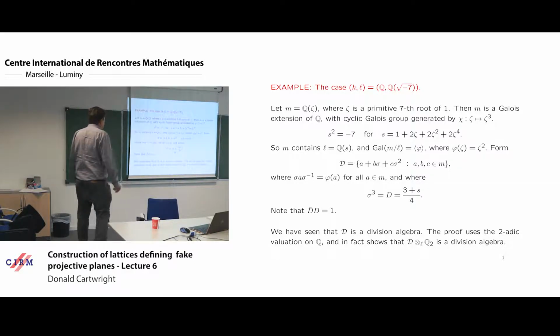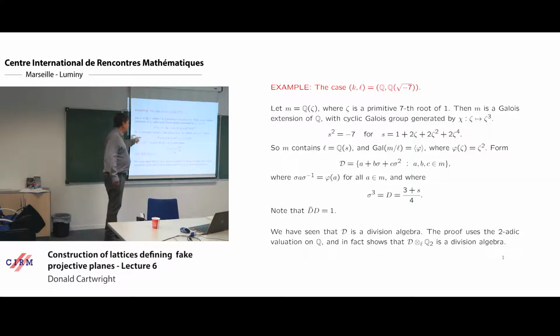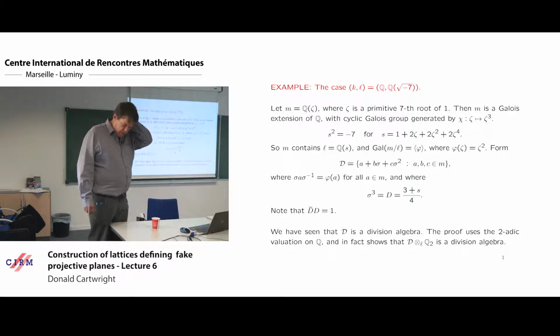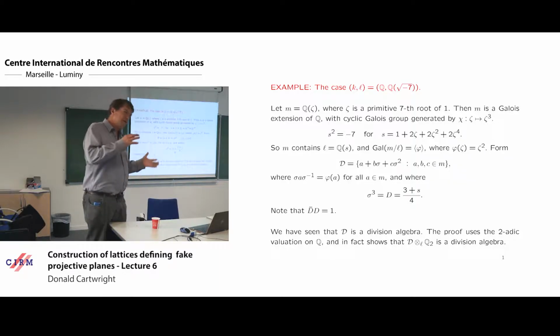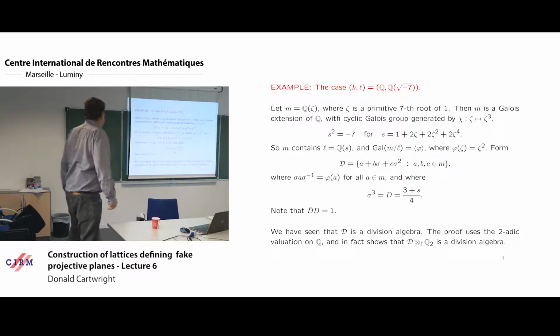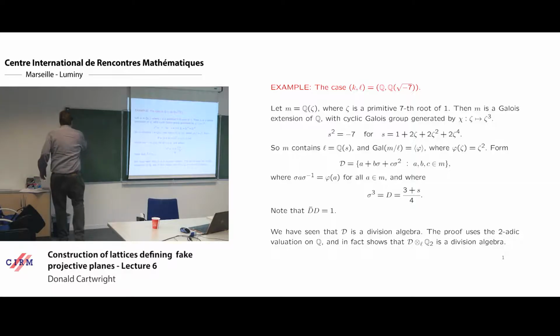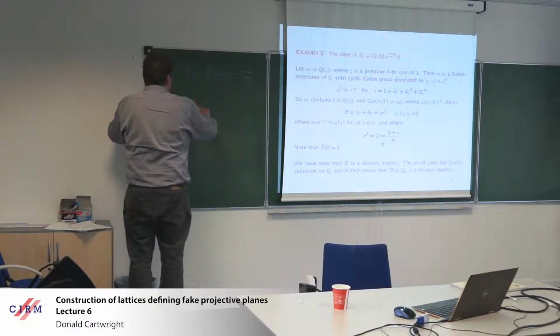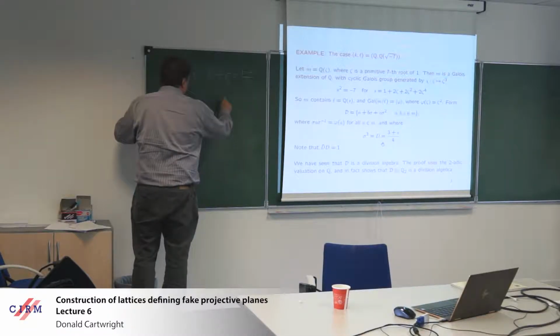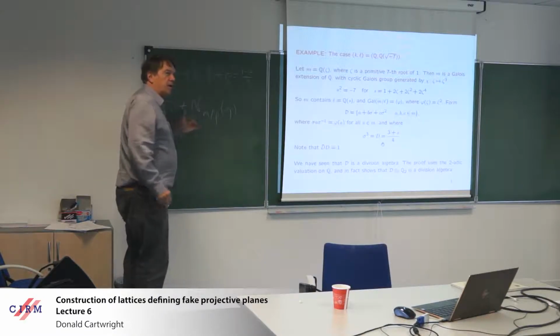To see it's a 9-dimensional simple algebra, it's either a matrix algebra or it's a division algebra. To see it's not a matrix algebra, you see that this D is not a norm of any element. You can't write it like this.